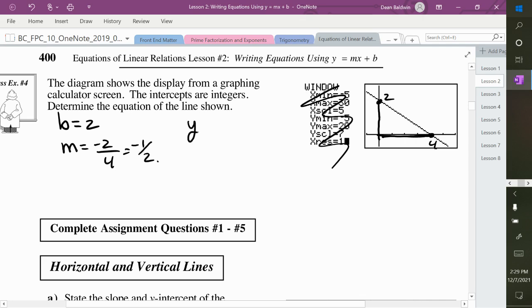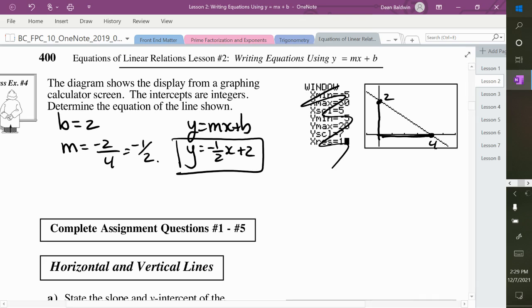So the equation is just y equals negative 1/2 x plus 2. That's it. Are we okay with that?